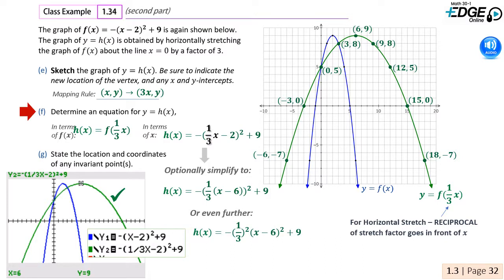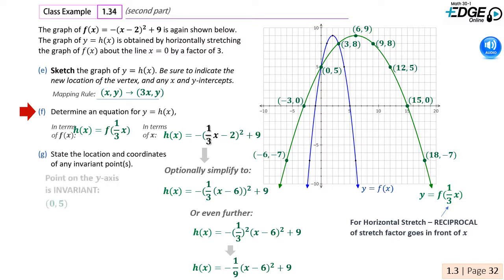So now we can square the 1/3 without squaring the negative sign to achieve a final state of y equals -1/9 (x minus 6) squared plus 9. As mentioned earlier, our invariant point was at 0, 5.